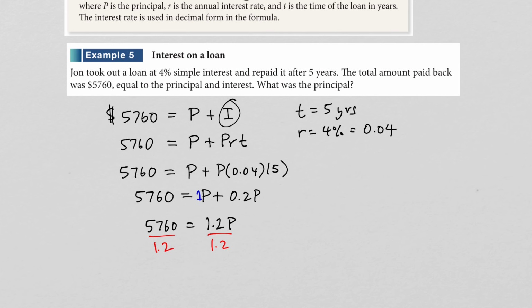And if we do the division there, 5,760 divided by 1.2, we get $4,800. So the principal amount of money that John borrowed was $4,800.